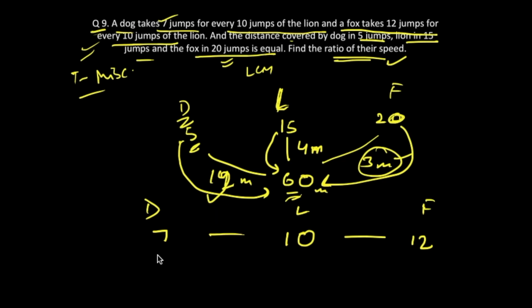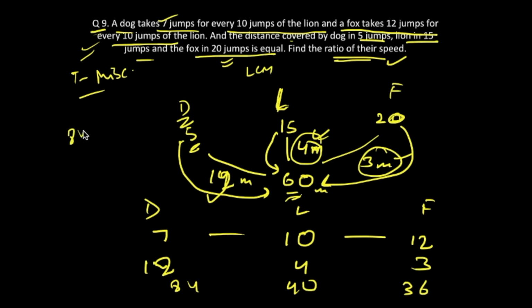So all we have to do is multiply it by 12, because 12 meters is covered by dog, and 4 for lion because 4 meter is what we achieved from here, and 3 over here. So 12 times 7 is 84, 10 times 4 is 40 and 12 times 3 is 36. So your ratio would be 84 is to 40 is to 36.